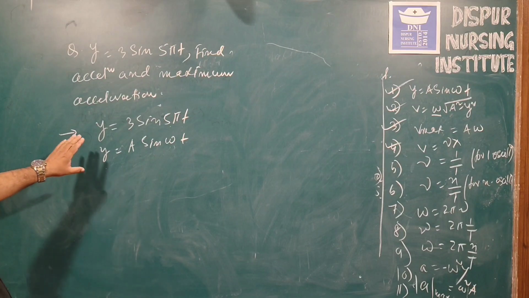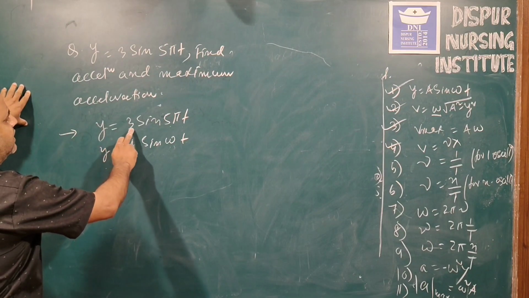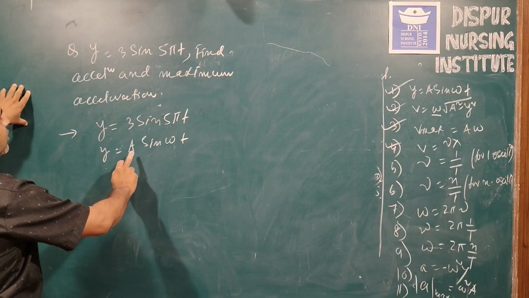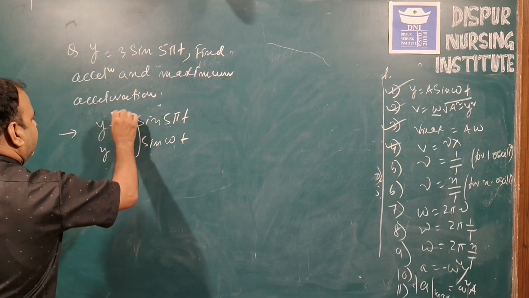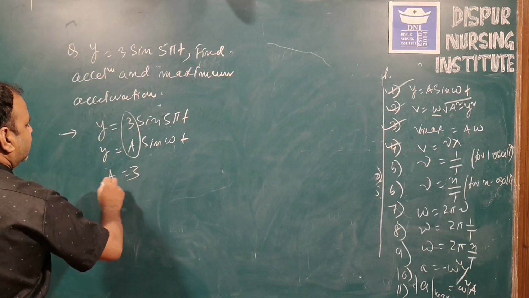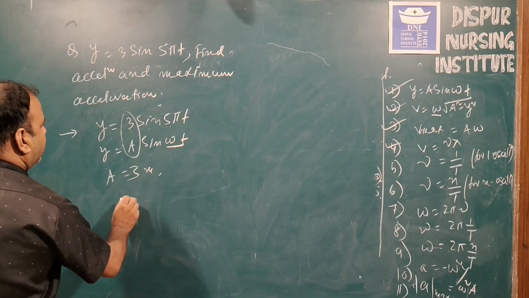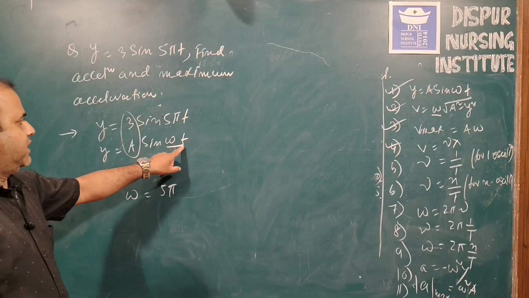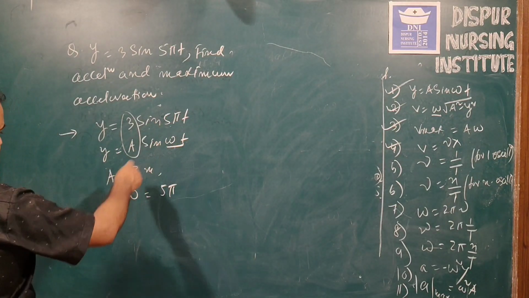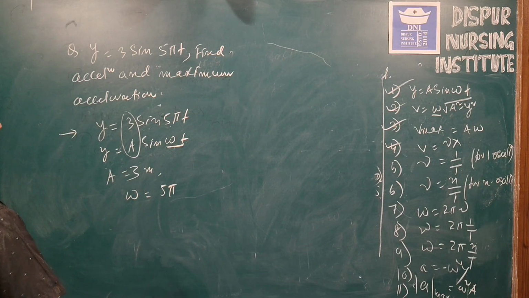Now you always remember y is equal to 3 sin 5 pi t and y is equal to A sin omega t. If you compare this, you will get A is equal to 3 meter and omega is 5 pi, because t cancels. So omega is equal to 5 pi.